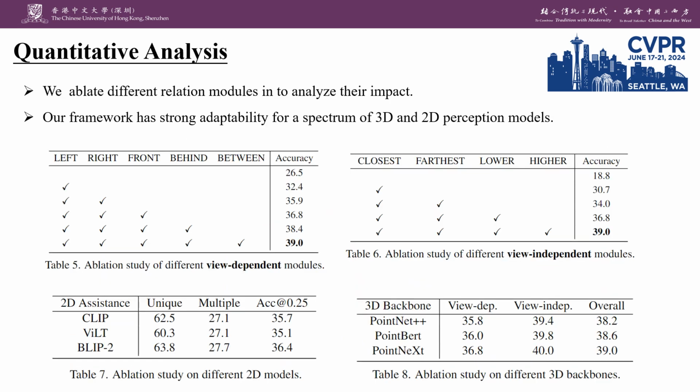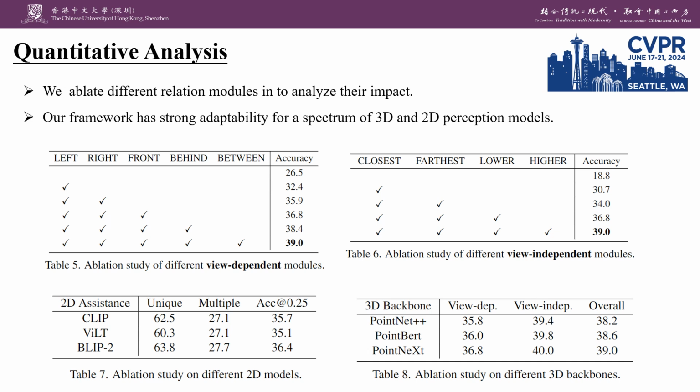We also conduct several ablation studies on our methods, and tables 5 to 8 provide insight into the performance of different modules of our methods. We find that view-dependent relations like left and right, and view-independent relations like close are crucial for the system performance.